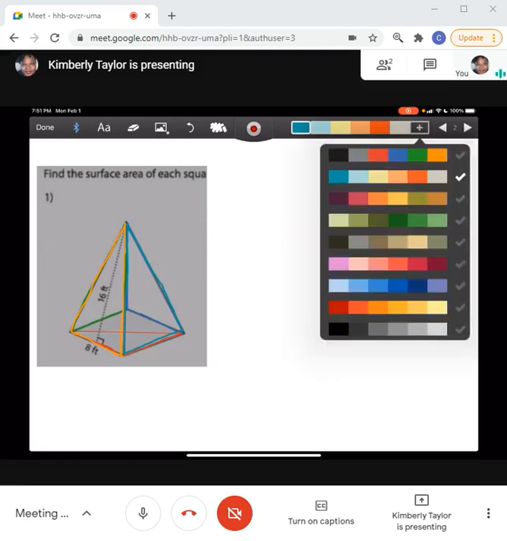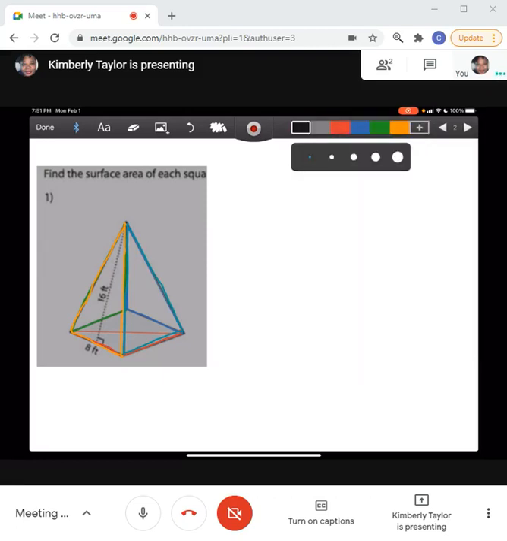So what I can do is take this surface. It's a square pyramid, so I could draw a square at the bottom. And they say it's 8 feet. If it's a square, that means it's 8 feet all around. This is 8 feet, and this side is 8 feet. And then attached to each side is a triangle.